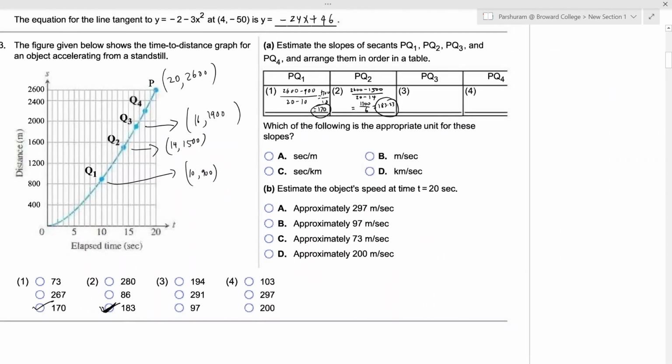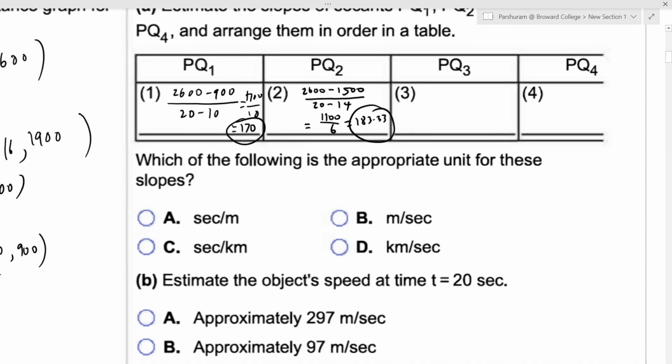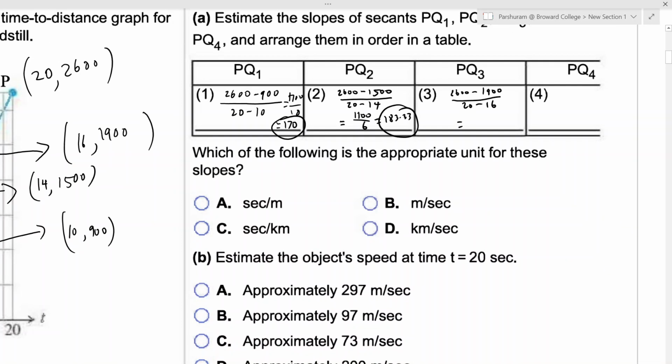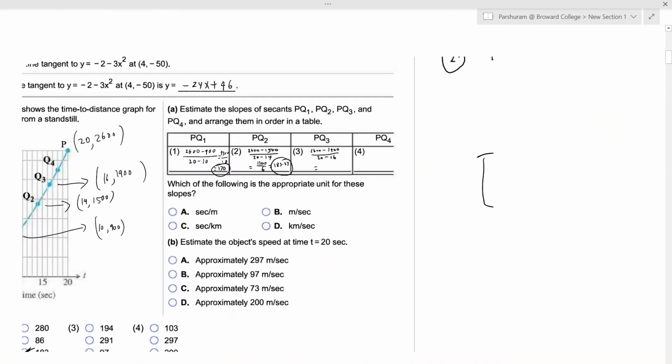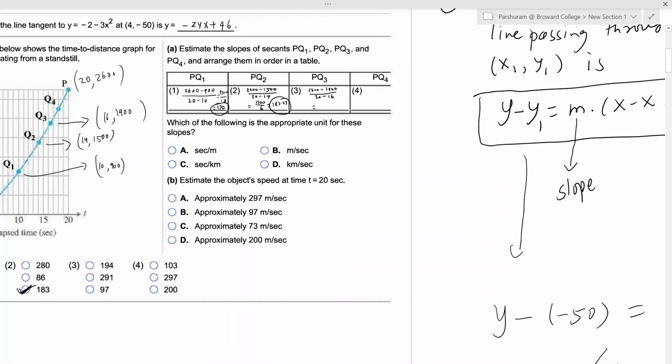So use this value, then the slope for PQ3 is 2600 minus 1900 divided by 20 minus 16. That's 700 divided by 4, which gives you 175. Let's look at the options we have given here for problem 3: 175.